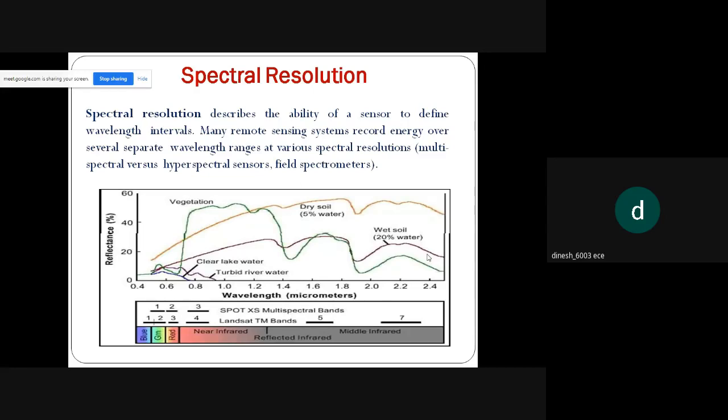Here we can use multispectral or hyperspectral sensors or field spectrometers, depending upon the satellite or depending upon the resolution or application being required. So we can use it for water, clear water. We can use it for turbid water. We can use it for wet soil, dry soil, or vegetation, or anything.